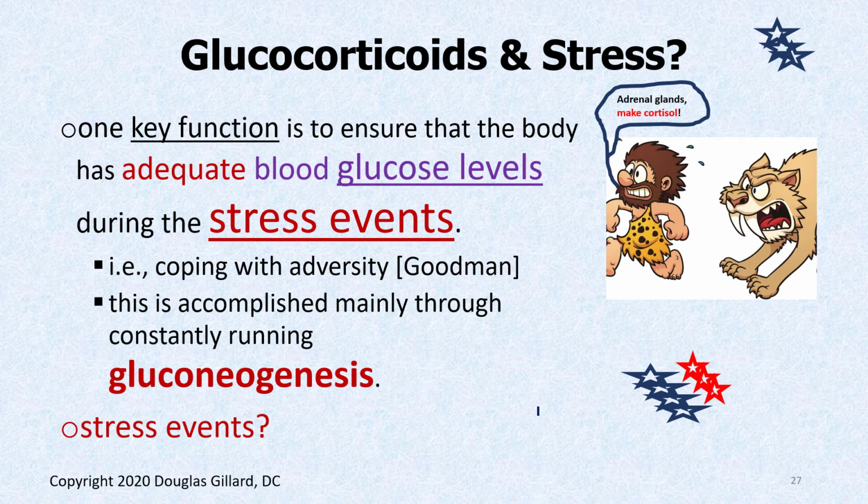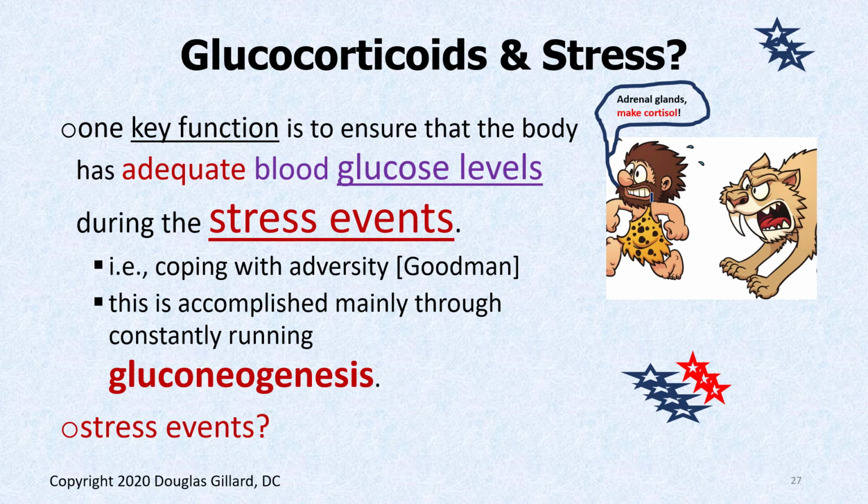What about stress? We've talked about this in the past, I believe, but one key function is to make sure, and we've said this already, that you have adequate levels of blood glucose. If a tiger jumps out of the woods and chases you, you're going to burn up all your blood sugar and glycogen really, really quick. And you're not going to be eating in this stressful situation, so how do you keep glucose in your blood?